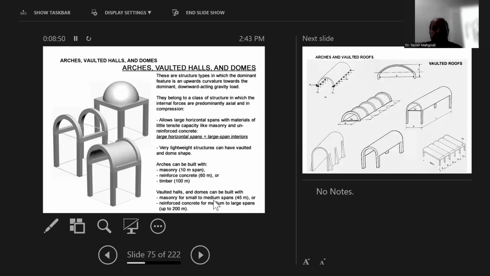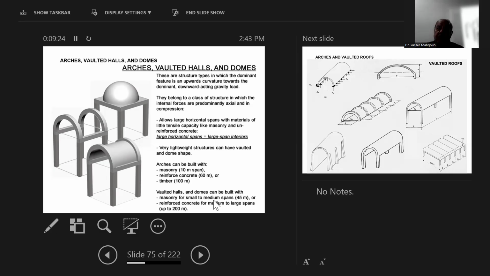Now we start to have arches and vaults and domes. If you make the arch with brick masonry, you can make it like 10 meter span. With reinforced concrete, you can make the arch up to 60 meter span. So it can cover large areas. Timber can go up to 100 meter span. So these are spaces that you might require in your design.